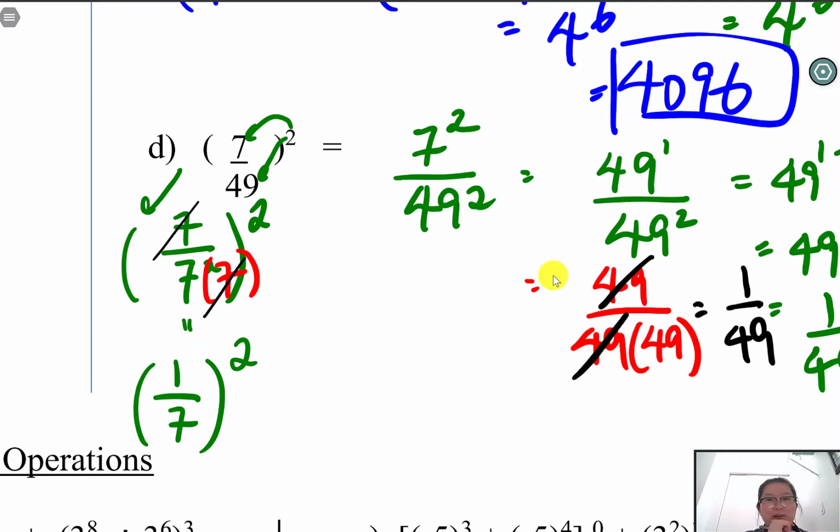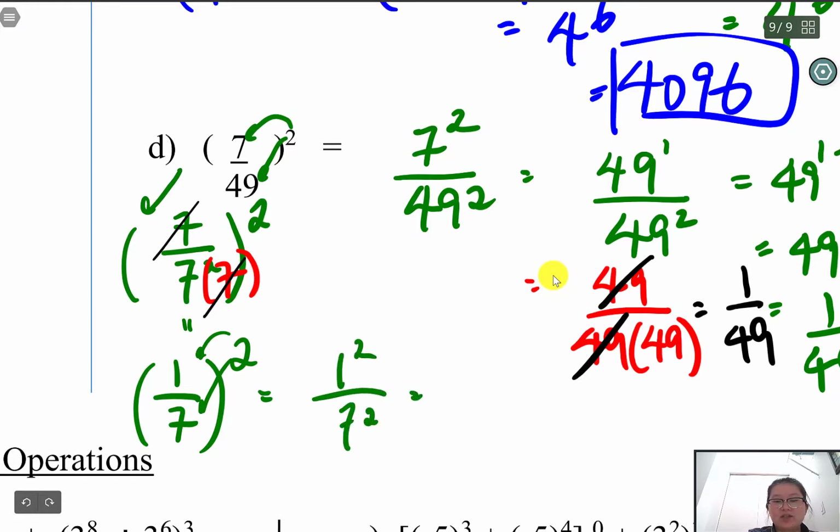Aha, getting somewhere, are we? Now we apply the 2 to everything that's inside the bracket, so I get 1 to the power 2 over 7 to the power 2, then that's just 1 over 49. Haha! Isn't that interesting? Many ways to give us the same number, okay? So that's how I would have done it in case you had to express it as a single power.